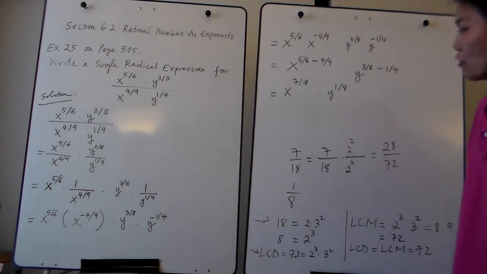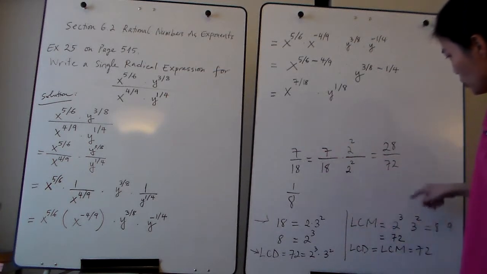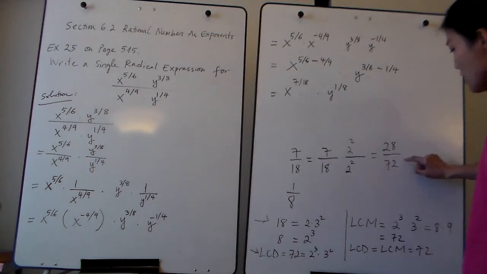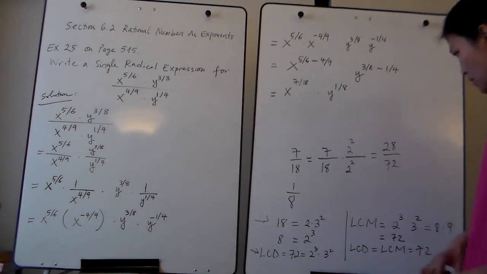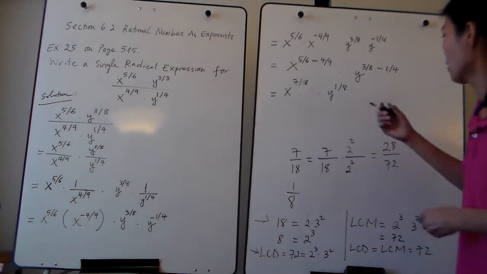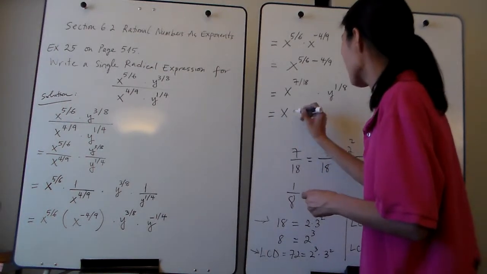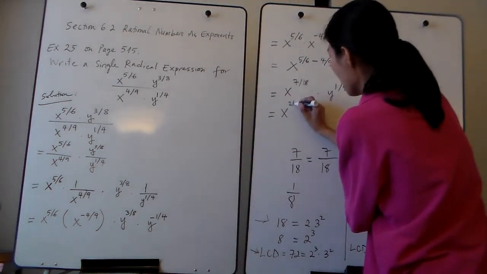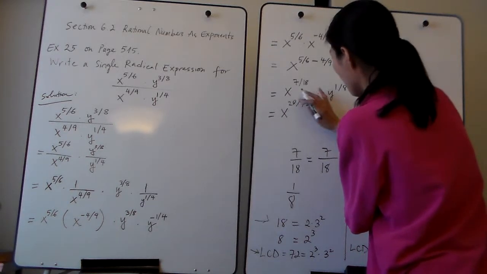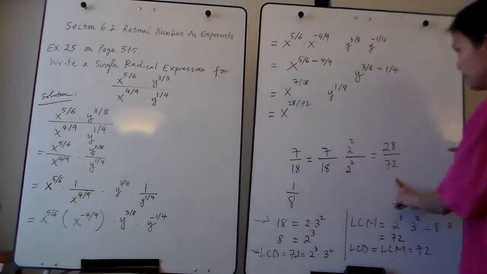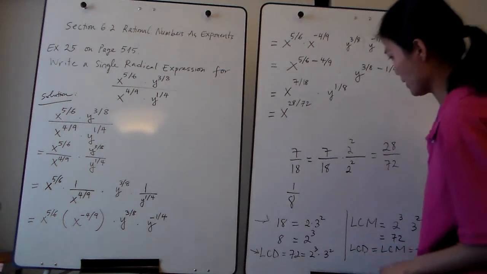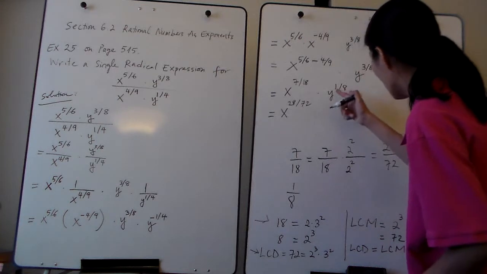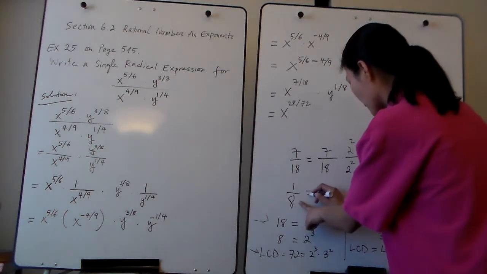We want to convert this fraction to an equivalent form that has 72 as the denominator, and 72 is the LCD. So for this x right here, I'll replace 7 divided by 18 with 28 divided by 72. We need to work on the y as well. For the y, its exponent is 1 divided by 8.